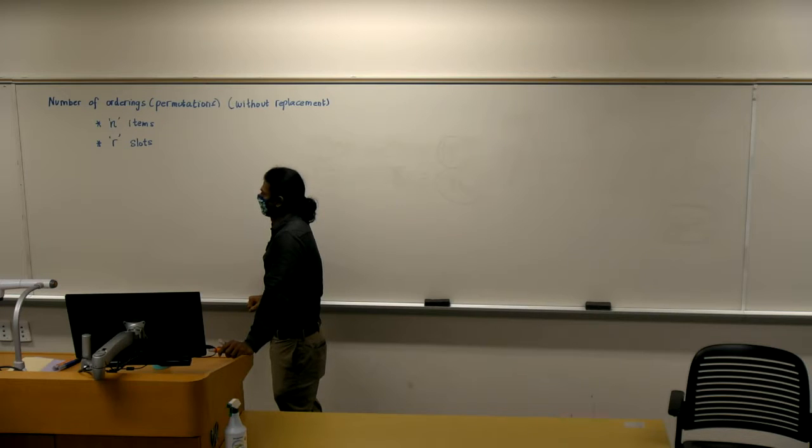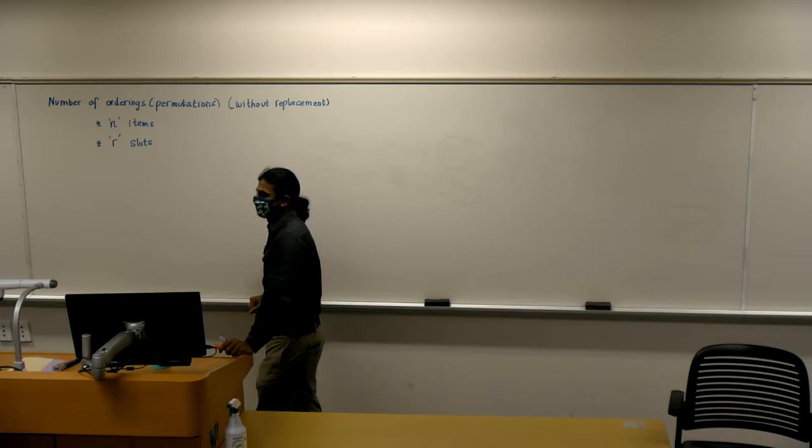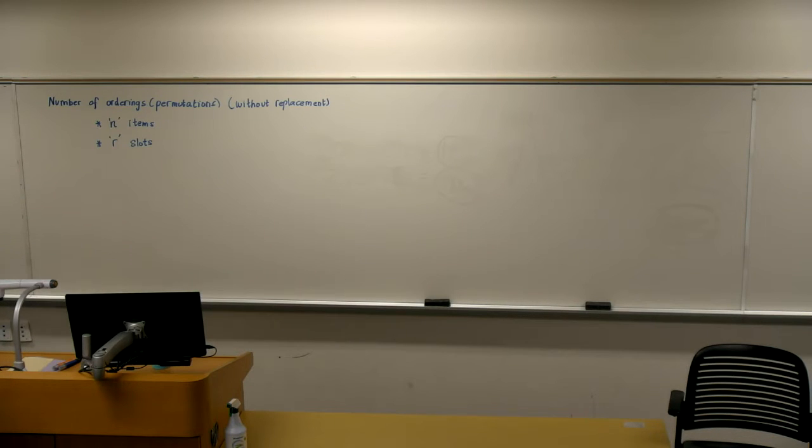So, how would things change? It's the same process, but instead of going all the way to 1, where would I stop? At r. Up to the rth term, so n times n minus 1, n minus 2, all the way up to n minus r plus 1. But instead of doing it that way, we have a fancy little formula.